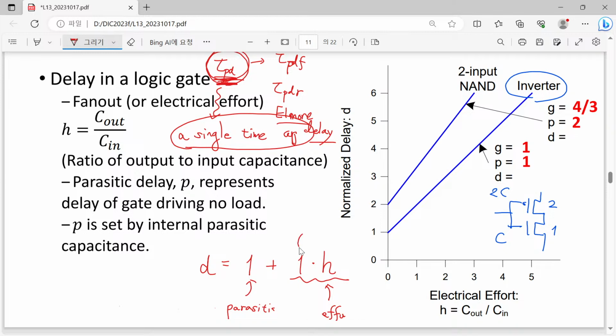Here we have one term and another term, H and a coefficient, and they are also decomposed into two terms: H is called the fan out, and this one is called the logical effort. So this is effort, and effort is obtained by a product between logical effort and fan out. Okay.